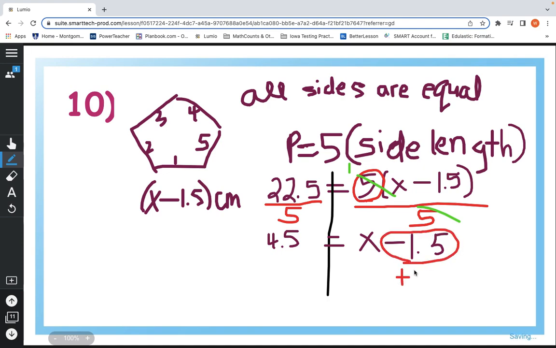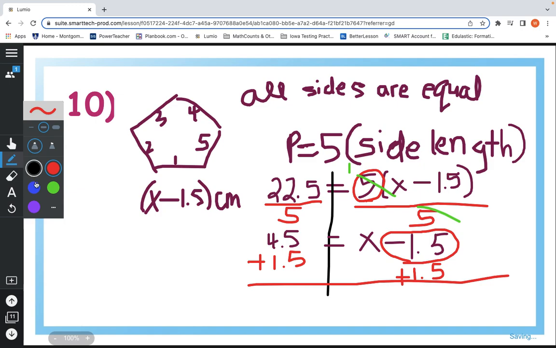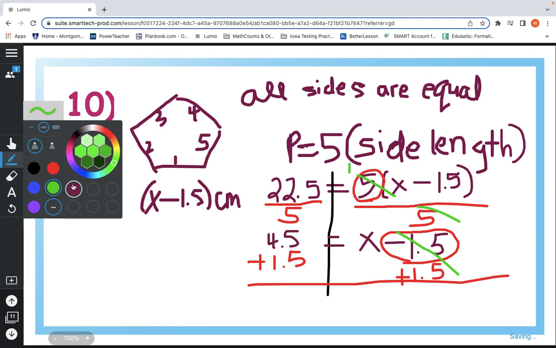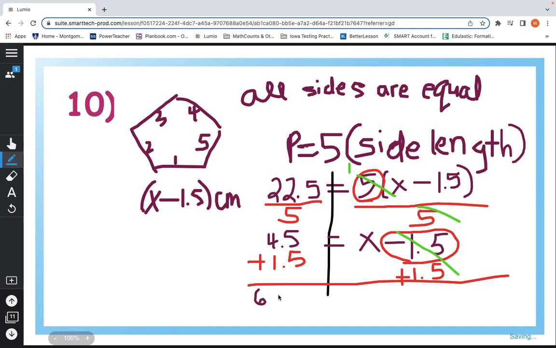So it means I'm going to add 1.5 to both sides of my equation. And the 1.5's cancel out, turn into a 0. And 4.5 plus 1.5 is going to be 6. 6 centimeters, because it does tell us that 22.5 centimeters was the perimeter. So we include centimeters as part of our answer.